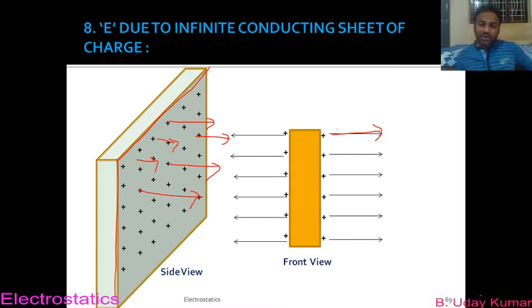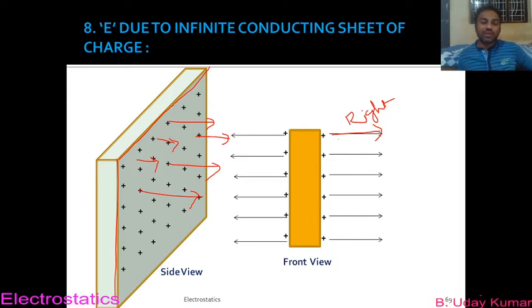So whatever the electric field that arises here towards right, this is the right side of the sheet, whatever the electric field that is present on the right side of this sheet, that will be due to the charge that is present on the surface on the right side.